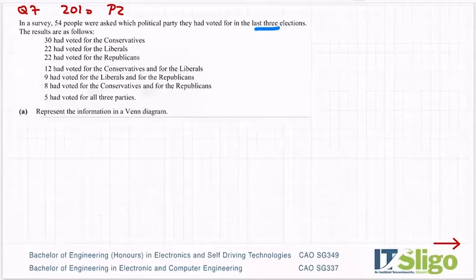Okay, so 3 elections, you could only vote for 1 party in each election. So I suppose over the 3, you could vote for the same party each time. You could vote for a different party each time, or a mix of anything in between. Okay, so let's start by drawing our Venn diagram.